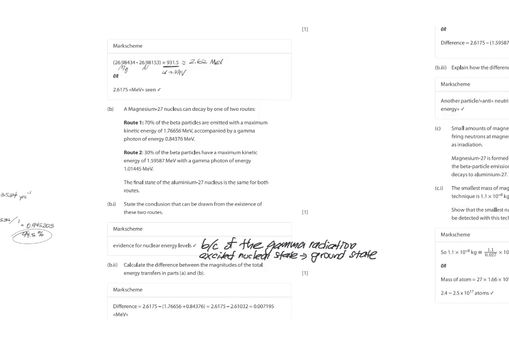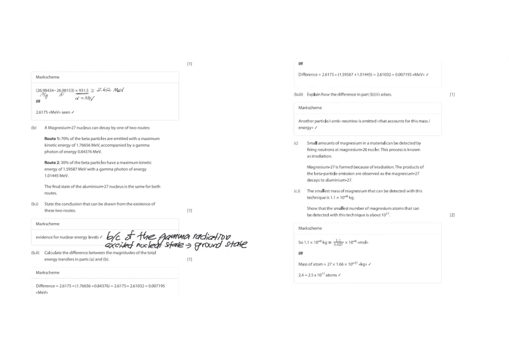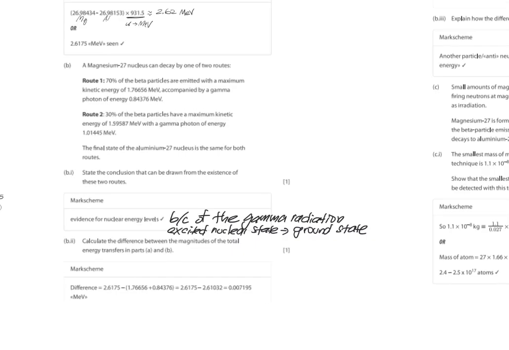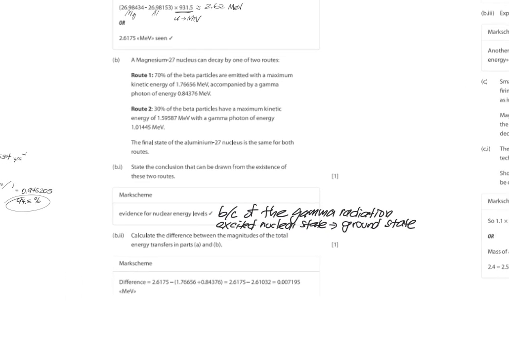But the fact that there are 2 different beta particle energies also gives testament to the fact that the beta particles can have a variety of kinetic energies, and they actually get to this later when they talk about why there is a difference in energy, because of the neutrinos emitted, that's B(iii). But I think definitely the fact that we have gamma photons and evidence for the nuclear energy levels, that really should be there. All right, then it says calculate the difference between the magnitudes of the total energy transfers in parts A and B.